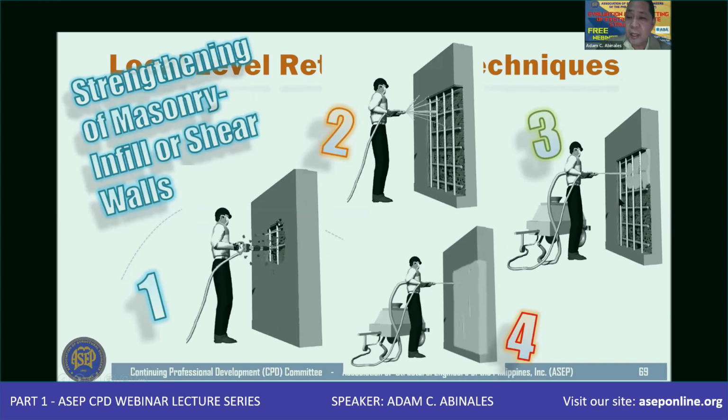Then you do the application of the cementitious material either by pressurized spray, pressure jet of concreting, or spray concrete to restore the damaged portion of the wall.